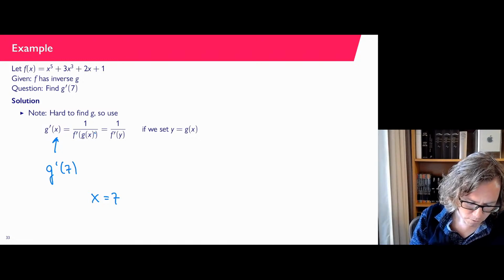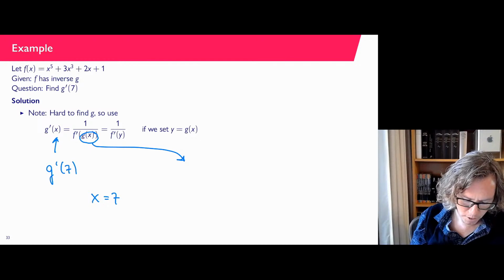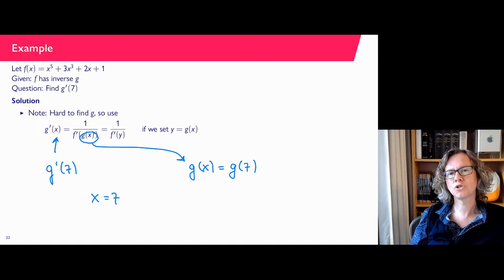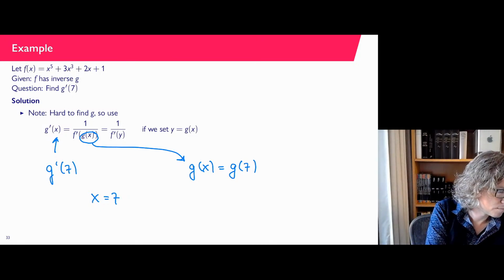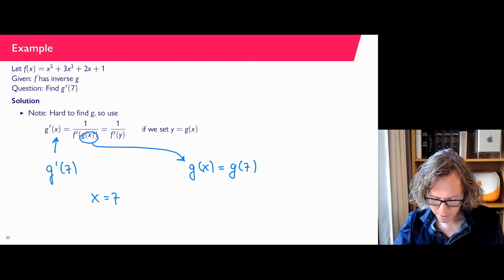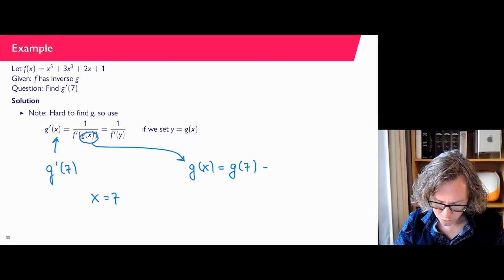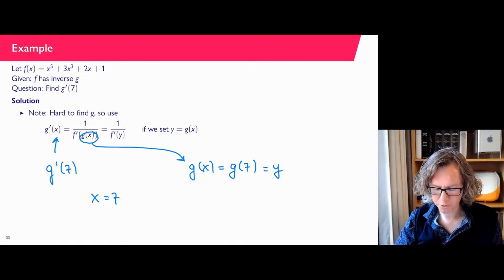I find that by computing f prime at g(x), which is g(7). So I need the g of 7. So let's say that g(7) equals y, as we did up here.